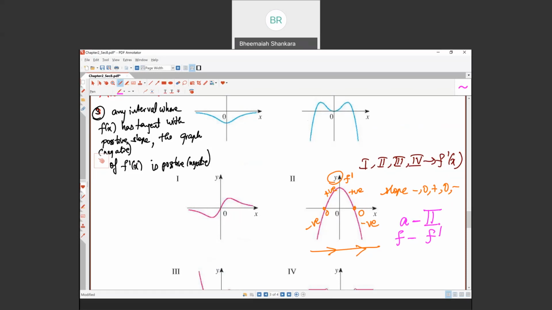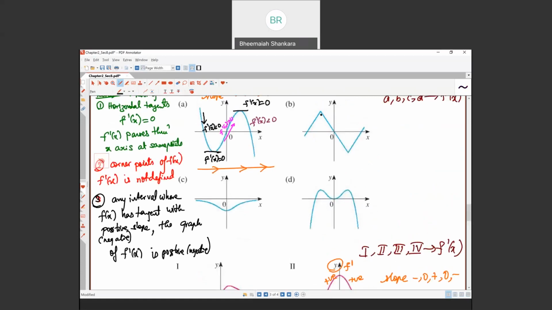Similarly, let's do one more graph, graph B. In the graph B, you have a sharp edge here at 2 points.